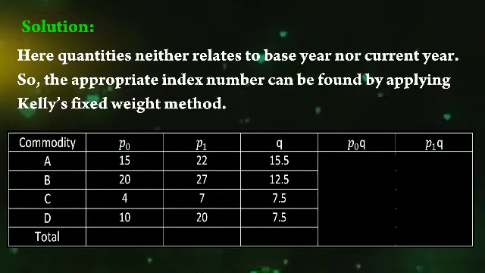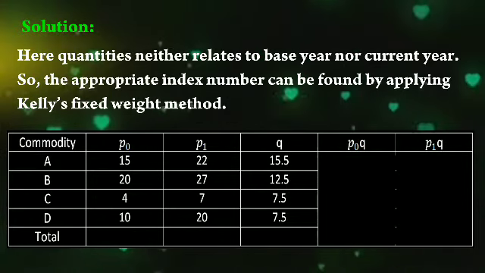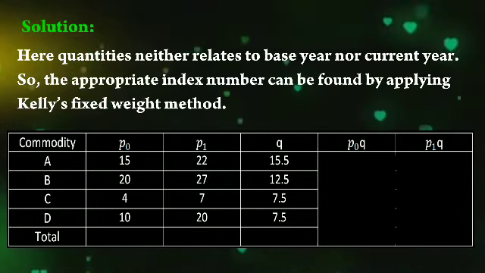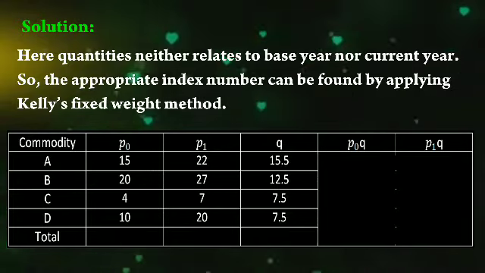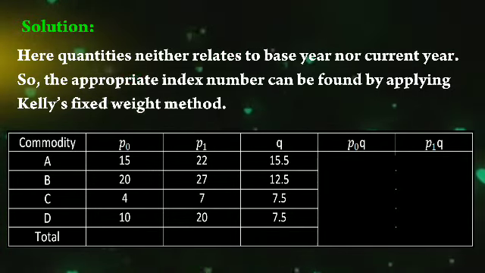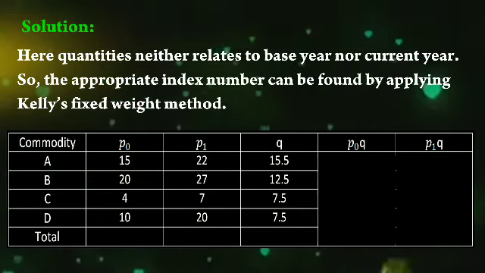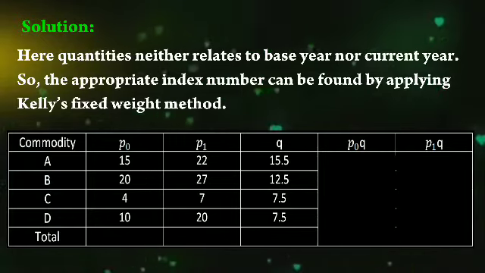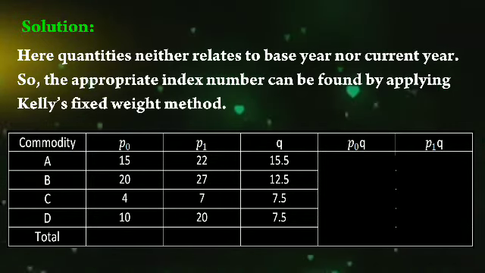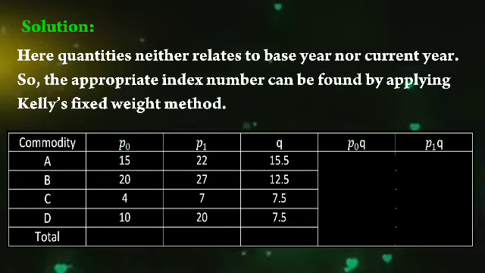Next column, quantity values are given. So these are the fixed quantities. It is neither of the base year nor of the current year. So since these are the fixed quantities, denote it as Q. Q represents the quantity values. So under Q, copy the given values 15.5, 12.5, 7.5 and 7.5.